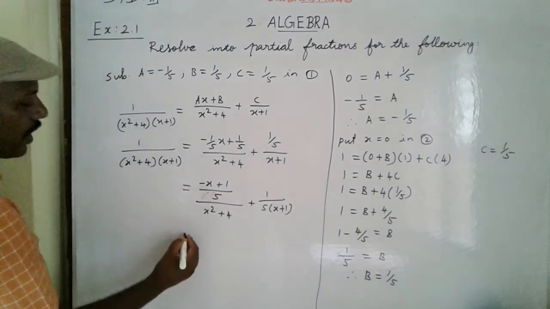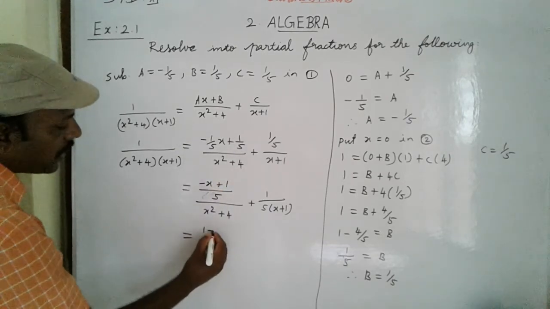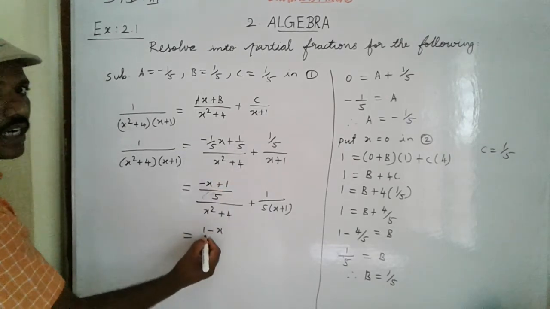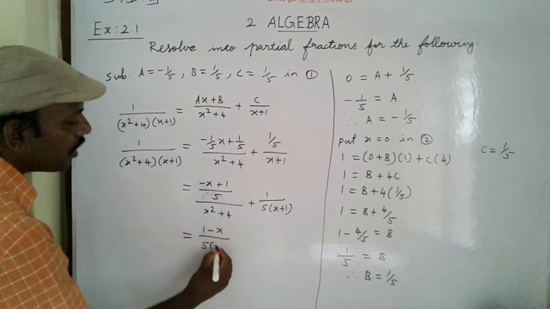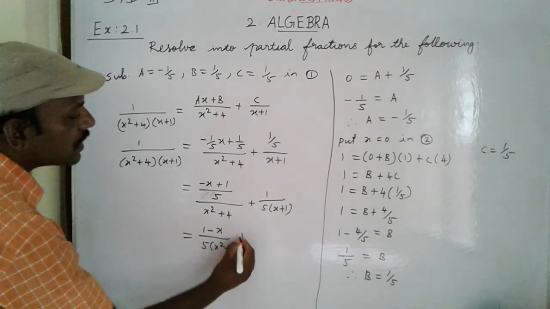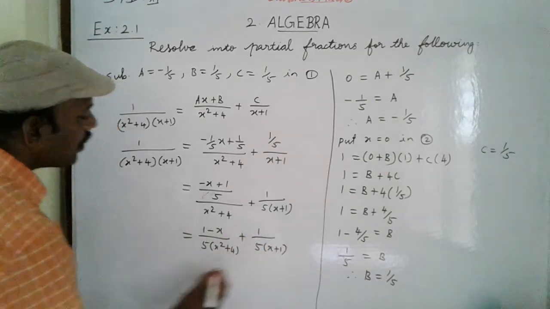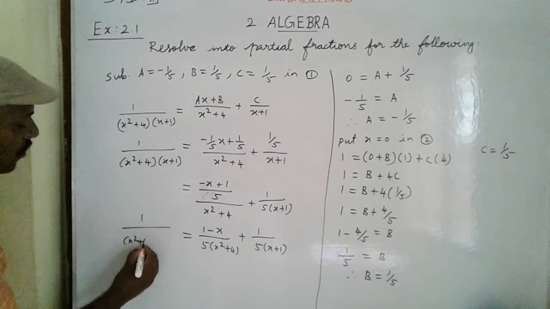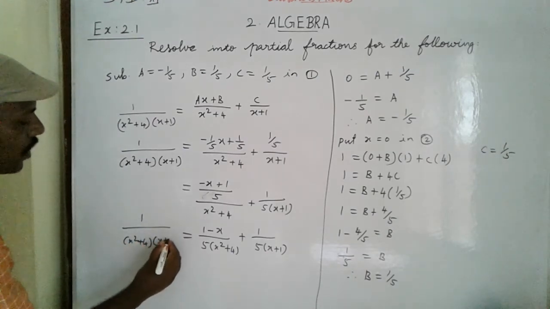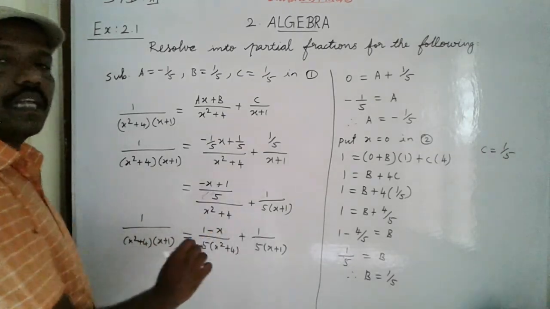Now taking down 5, we write 1 minus x, positive value first. So (1 minus x) divided by 5 into (x square plus 4) plus 1 divided by 5 into (x plus 1). So this value is 1 divided by (x square plus 4)(x plus 1). That is the partial fraction, that's all.